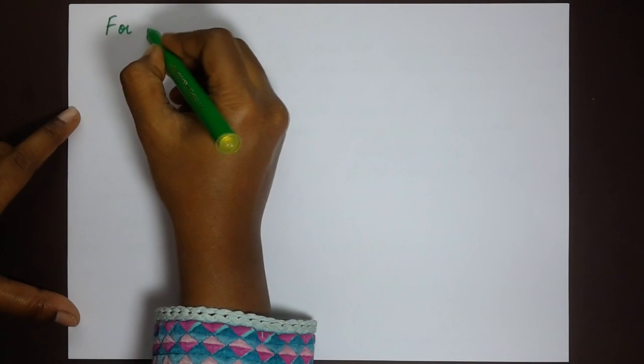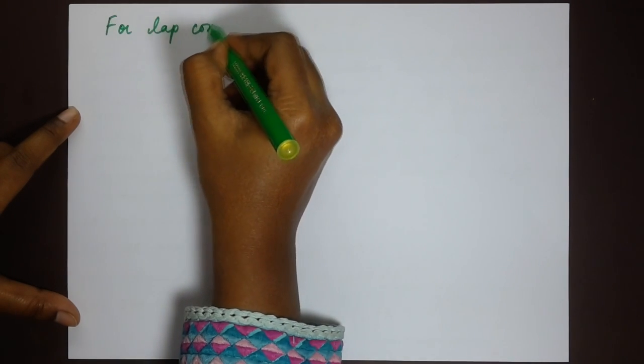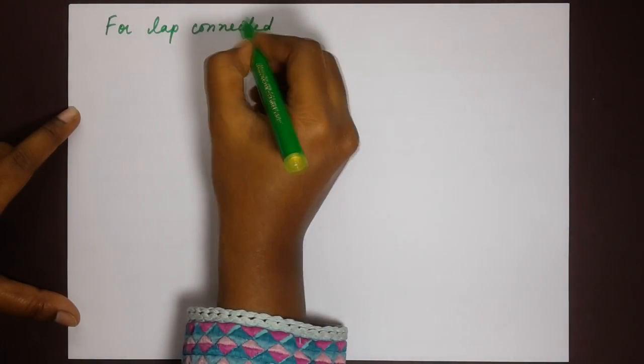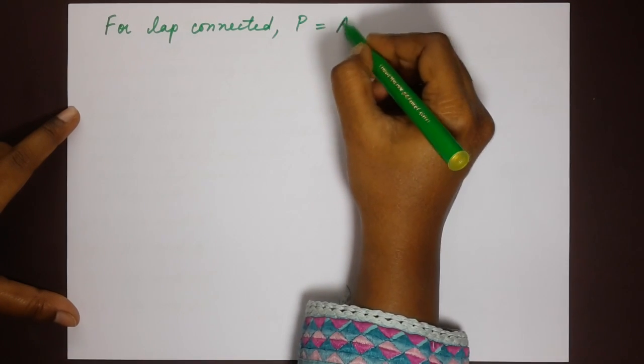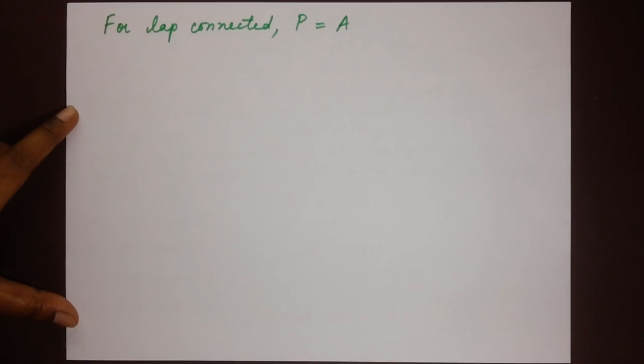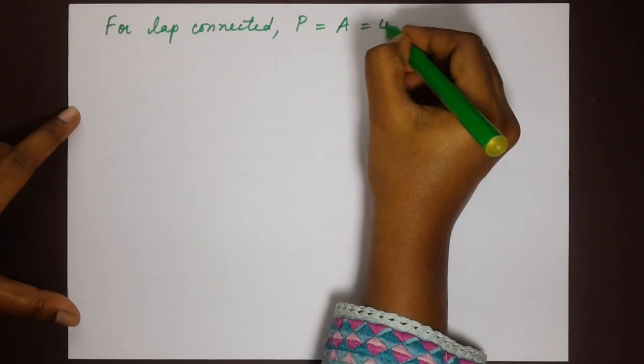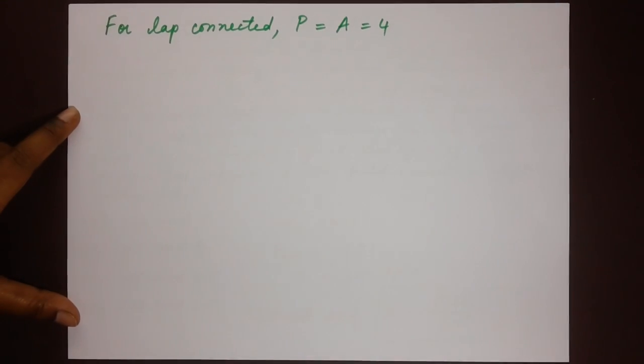Now for lap connected, we have the condition that the number of poles is equal to the number of parallel paths. So that is 4. Since there are 4 poles, there would be 4 parallel paths.